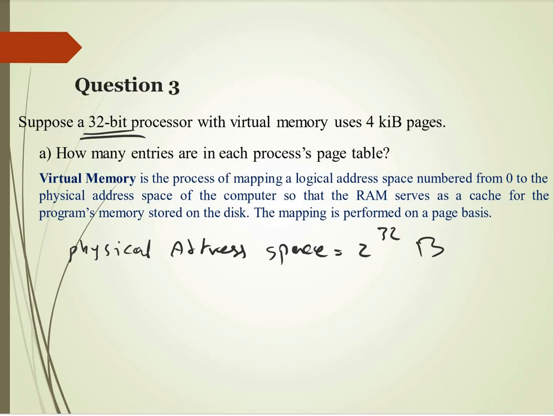The page size, as we can see in the question, is 4 KiB. So 4 KiB means 2 to the power of 12 bytes. This is the total page size.